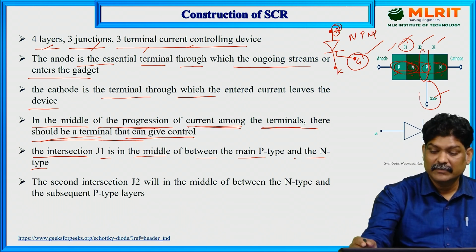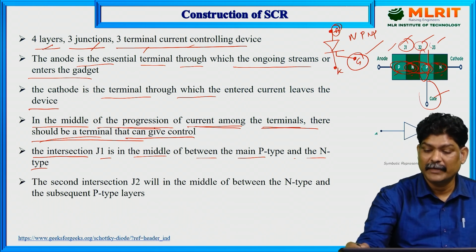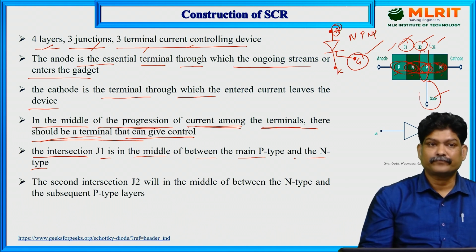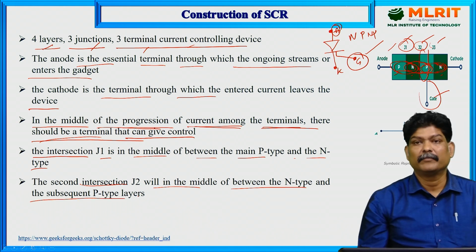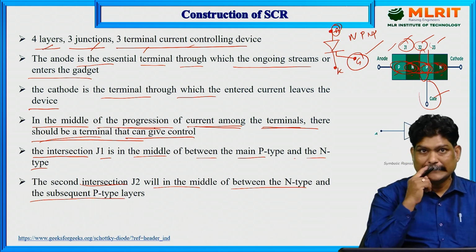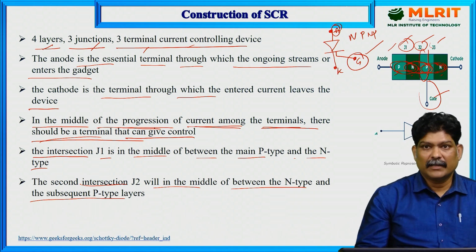J2 is the NP junction, and J3 is again a PN junction. The second junction J2 lies between the N-type and the subsequent P-type layers. So this is the basic construction of the silicon controlled rectifier.